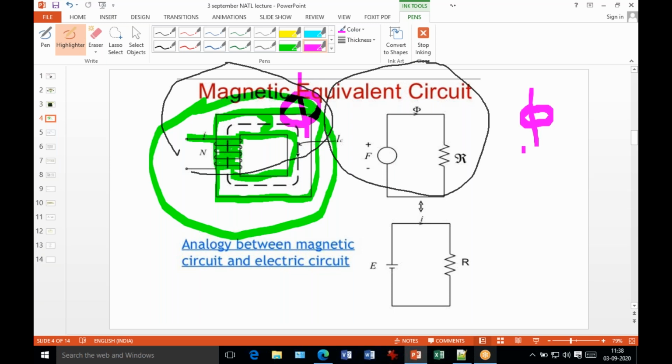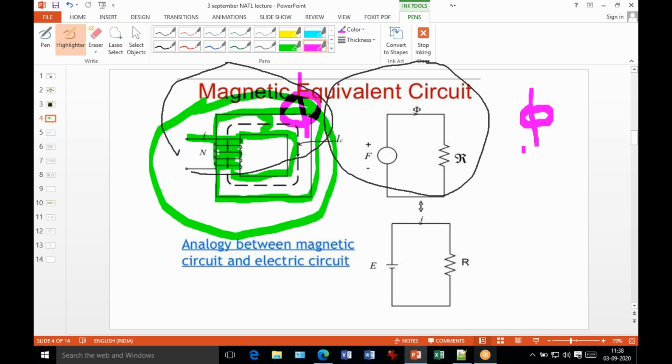Flux is generated by the current. If a current is available, automatically in the magnetic circuit your flux is available. So if you apply some voltage, a flux, denoted by phi, is generated in the magnetic circuit.